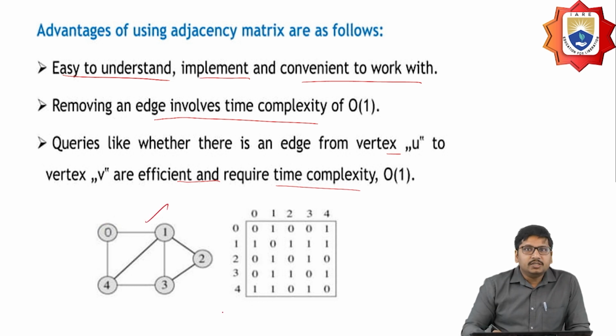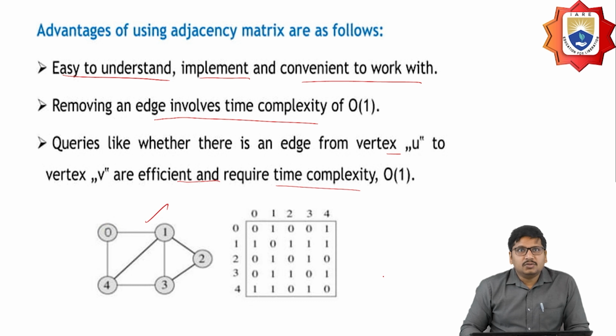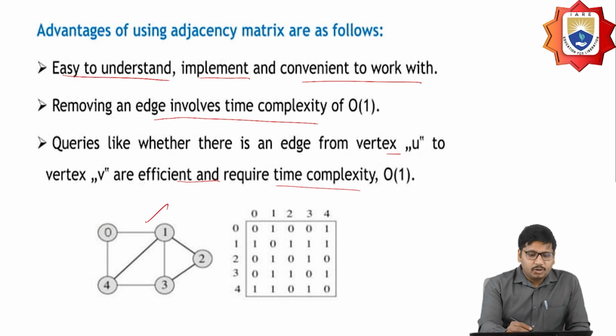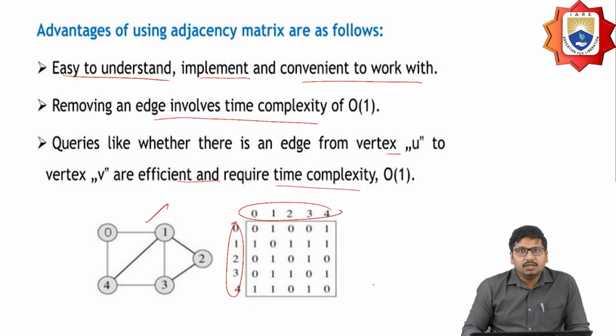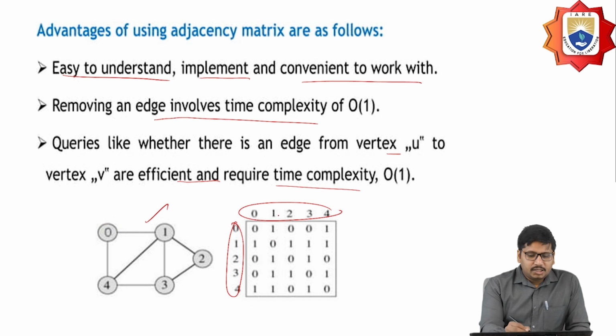If I consider a graph here, it is represented with the set of vertices 0, 1, 2, 3, 4. Considering the vertices along the rows and columns, if there is an edge from one vertex to another vertex, I represent 1, otherwise I represent 0.